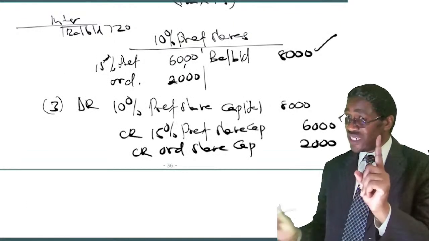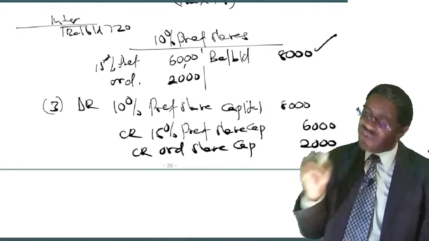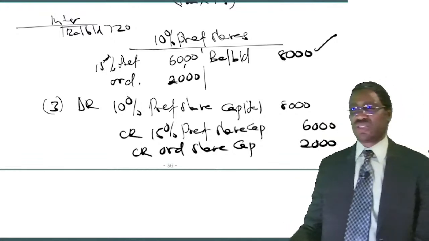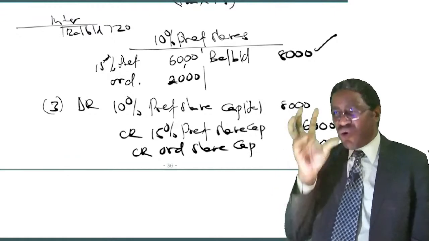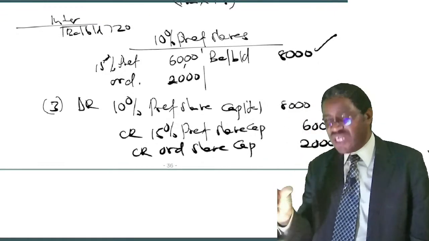Get the point? We are paying this debenture interest of 720 by giving ordinary shares 200,000 of 2.5 each.